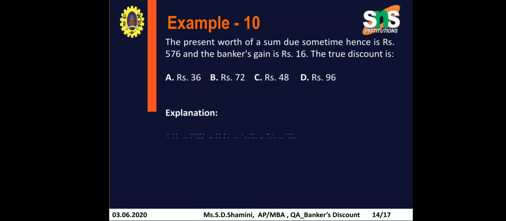So the true discount is equal to the square root of present worth into the banker's gain. If you calculate this, you will get the answer rupees 96, which is given in option D. So your correct answer is option D, rupees 96. Sorry, I forgot to insert the square root, so kindly include it.